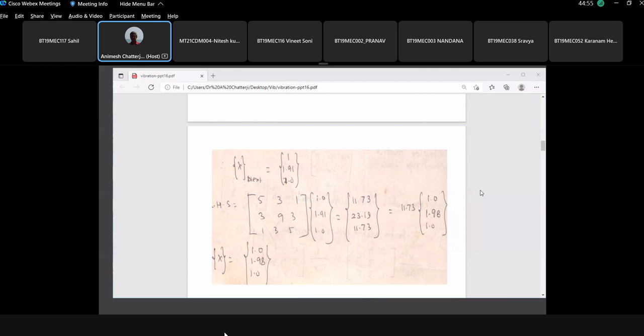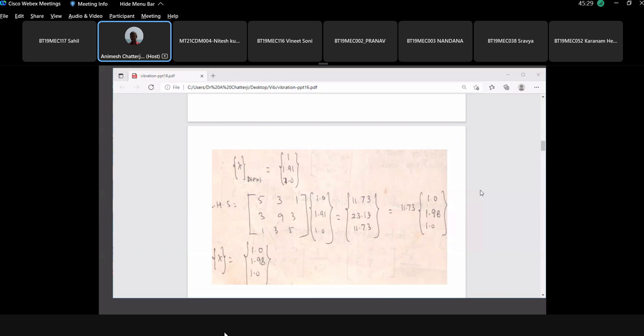See, a little before, Nitesh Kumar, MTech, told me, sir, MATLAB में तो आइगन वैल्यू मिल जाएगा, फालतू का हम क्यों मैट्रिक्स इटरेशन की बात करेंगे? ऐसा ही क्वेश्चन था ना तुम्हारा, नितेश? सर. नहीं, ठीक है. अब लास्ट 40 मिनट्स में हमने क्या सीखा कि not only you learned how to find out the natural frequency, but in the process you learned so many things which MATLAB will never tell you.